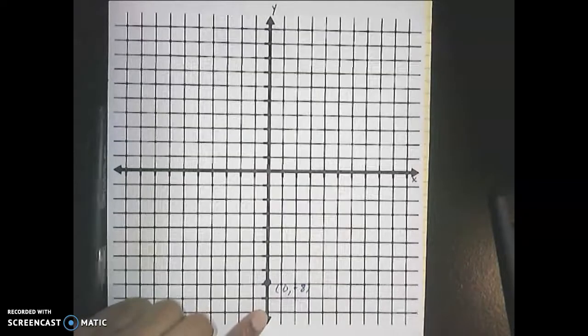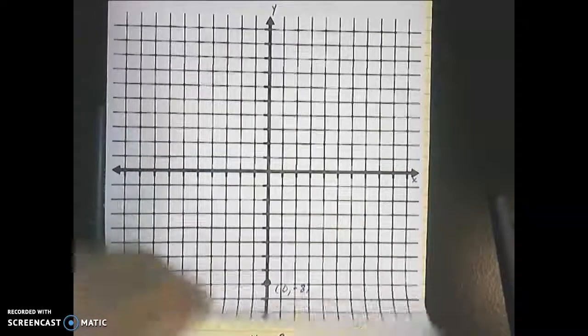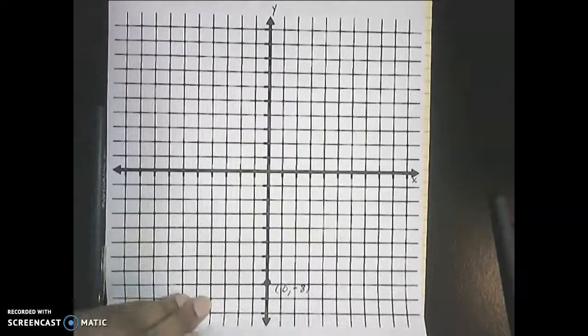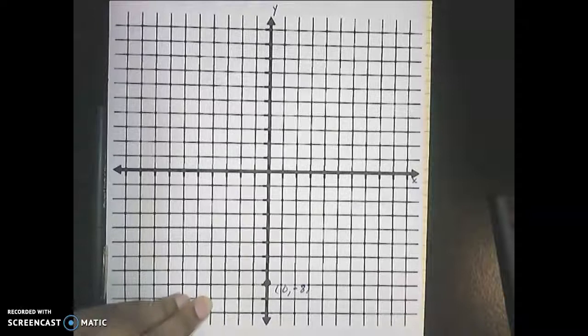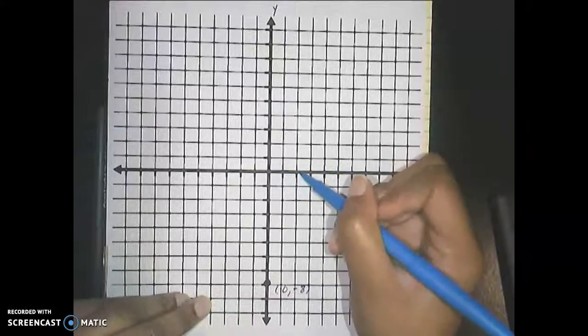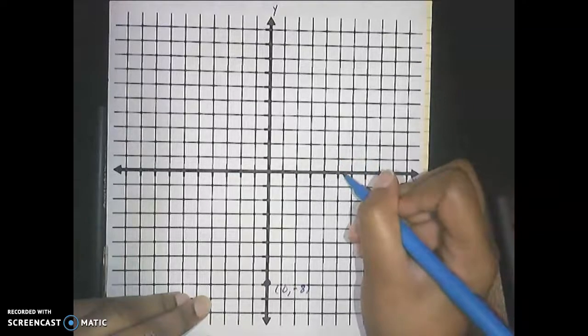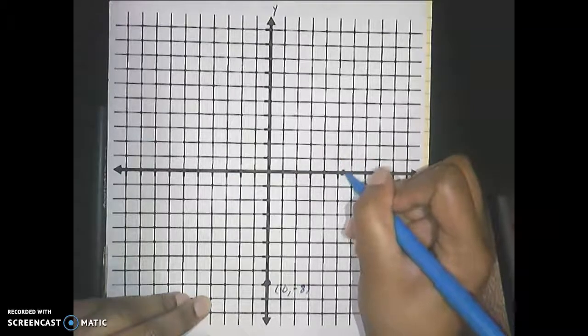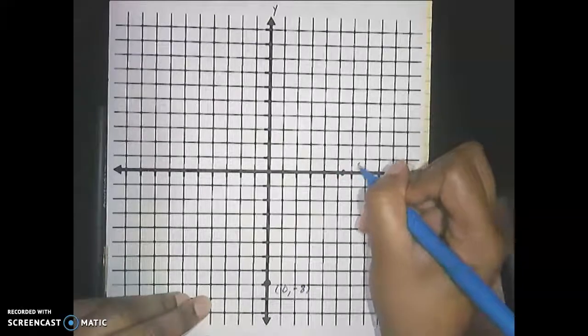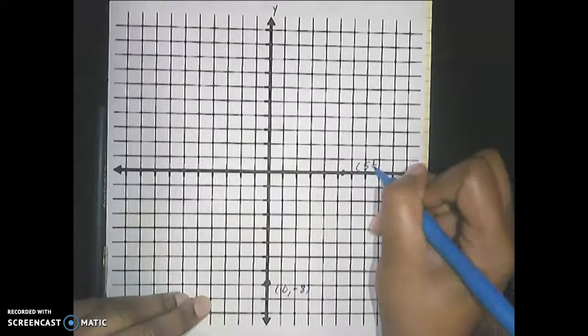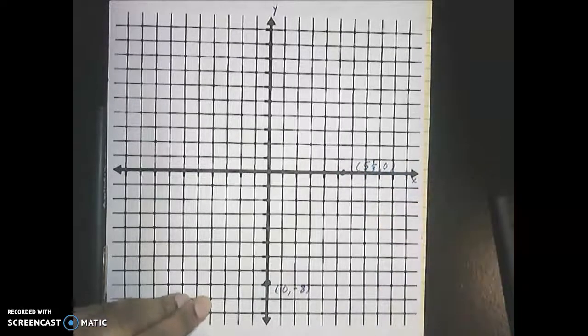And then my x-intercept is at 5 1/3. So 1, 2, 3, 4, 5, and I'm going to say 1/3 may be somewhere up in here. So this is going to be my point, 5 1/3, comma 0. I wish I would have picked a better equation, but that's okay.